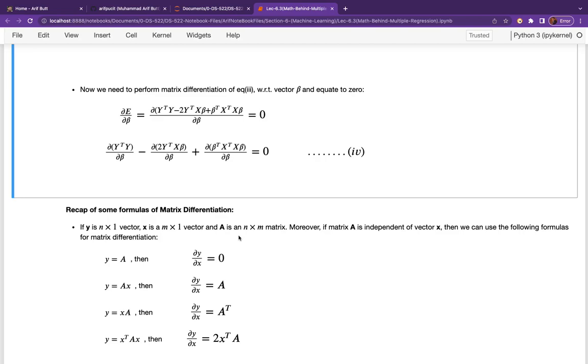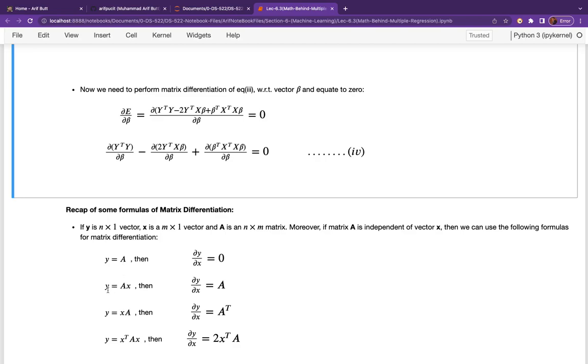If matrix A is independent of vector x, then we can use the following formulas for this matrix differentiation. Consider this matrix equation y is equal to A. If we differentiate with respect to x, of course we get a 0 because this will be treated as a constant.